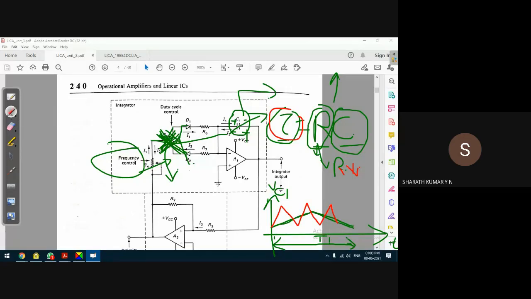The other possibility is this one, let us call this time period T2. T2 is for a smaller value of R4, and T1 is for a larger value of R4.